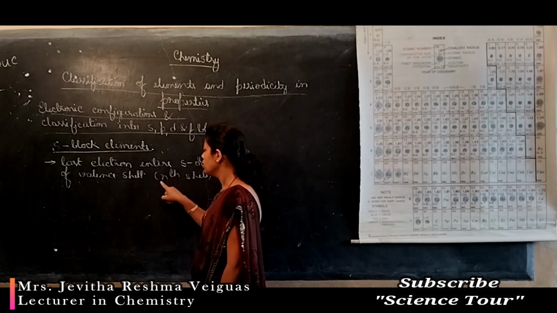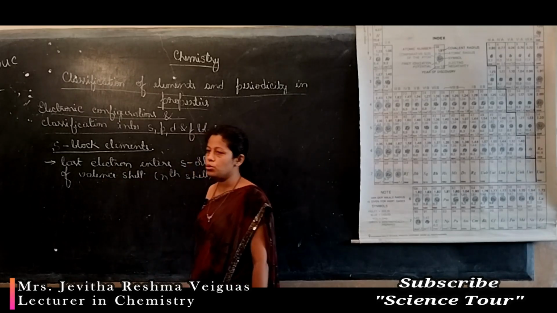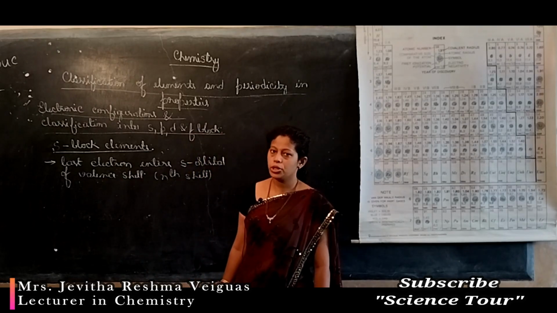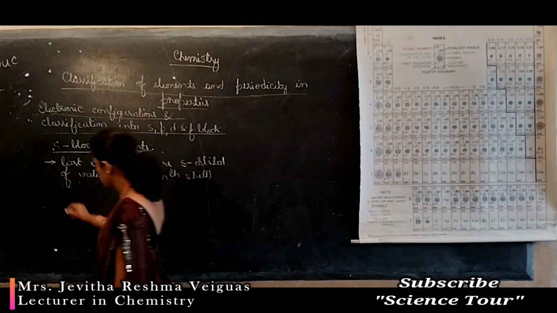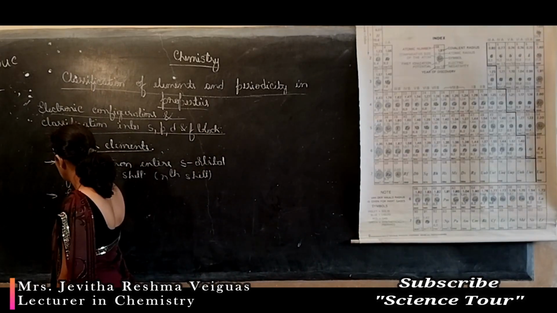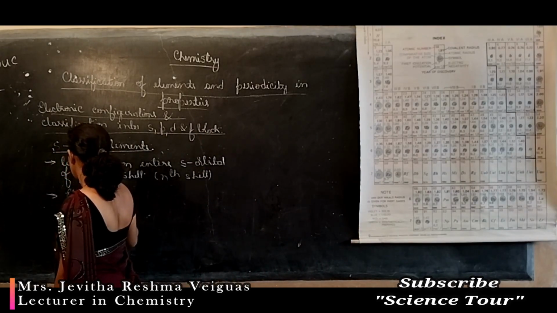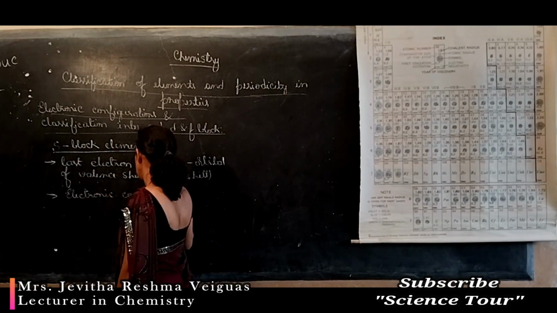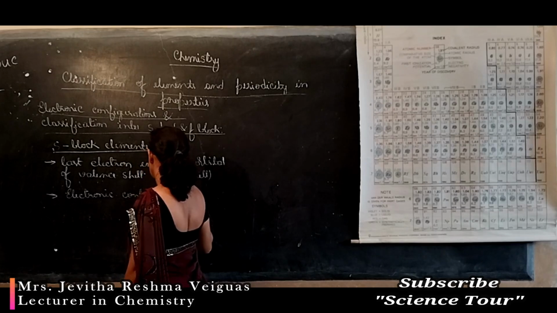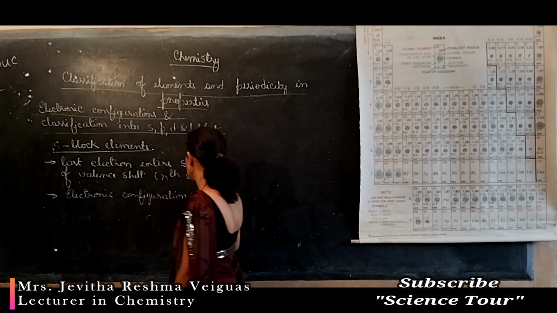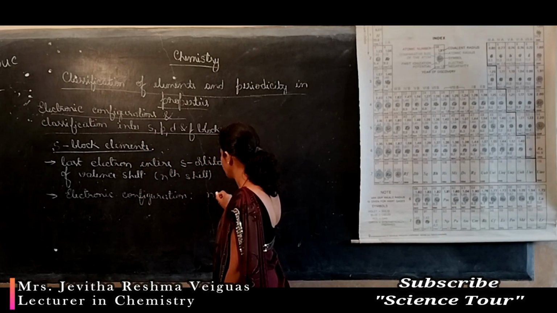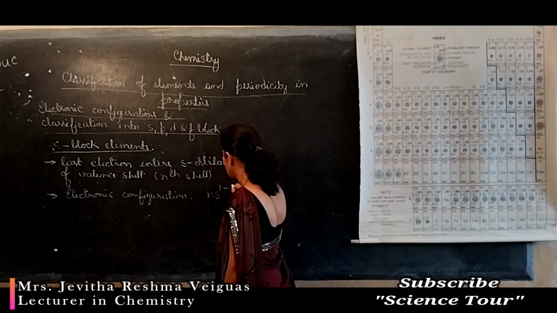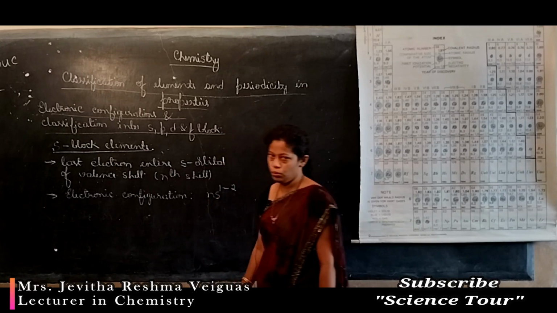N value represents the outermost shell, that is the valence shell. These elements have the general electronic configuration as ns1 or ns2. So, general outermost electronic configuration is ns1 to 2.